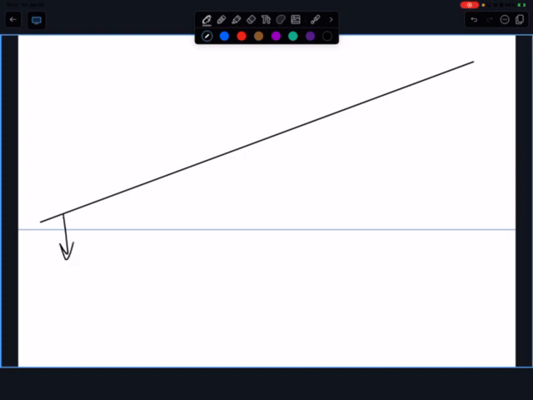You have the line M, and then you have line, let's say P, which has a 90-degree angle.